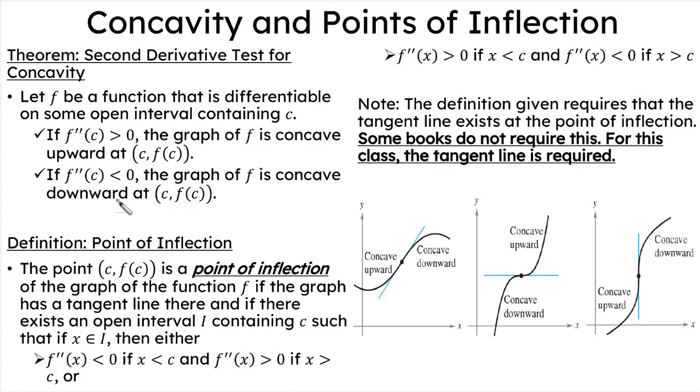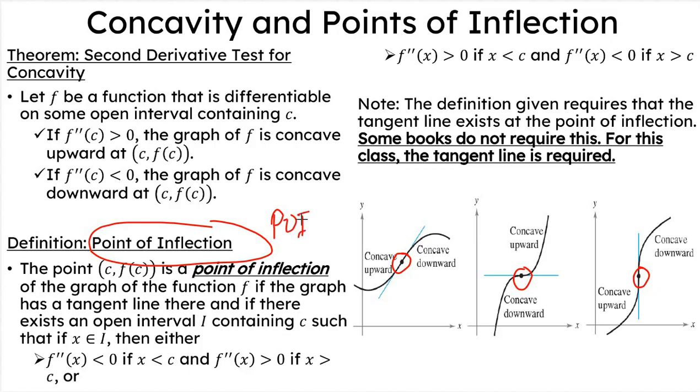Now, of course, there will be parts of the graph where the concavity changes, and at the point where it goes from concave upward to downward and vice versa, that point where the concavity changes, like here, here, and here, that's what we call a point of inflection, or POI.